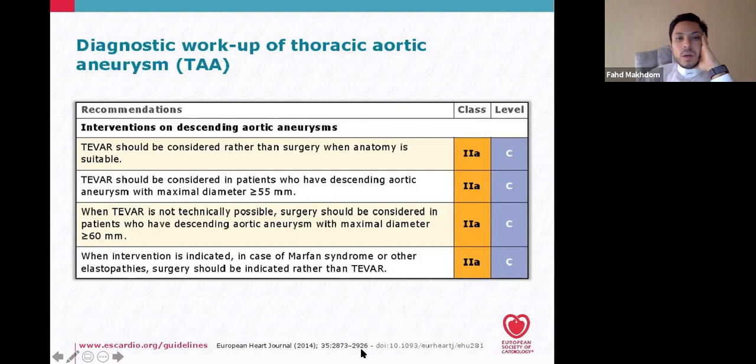Okay. So we were talking all about the ascending aneurysm.